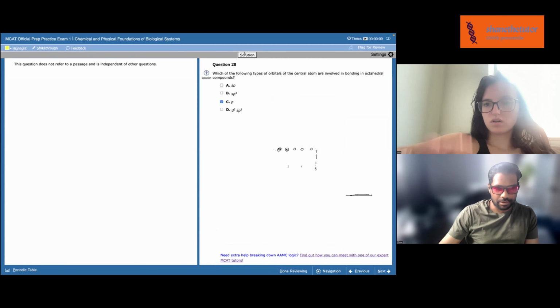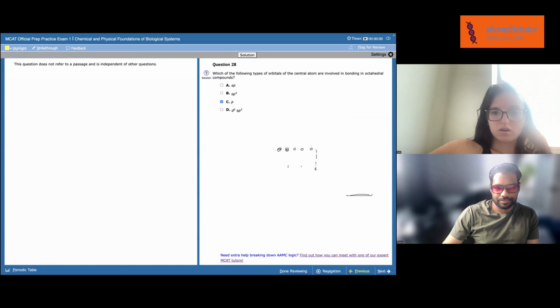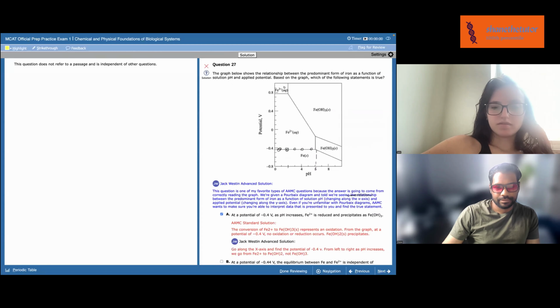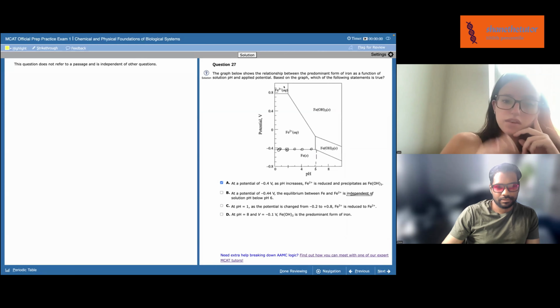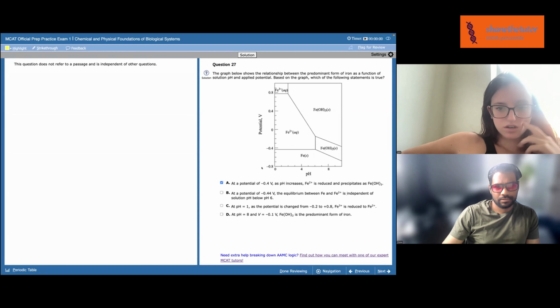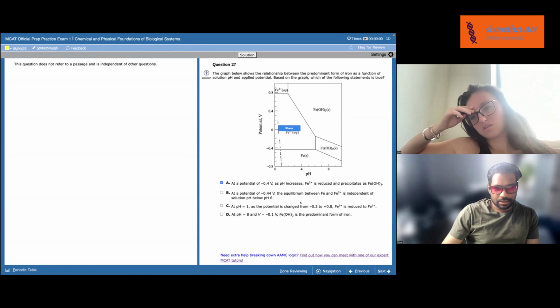What about those other choices? C: at pH 1, the potential is changed from -2 to 8. It's the opposite, it goes from 8 down to -2. So C is wrong.